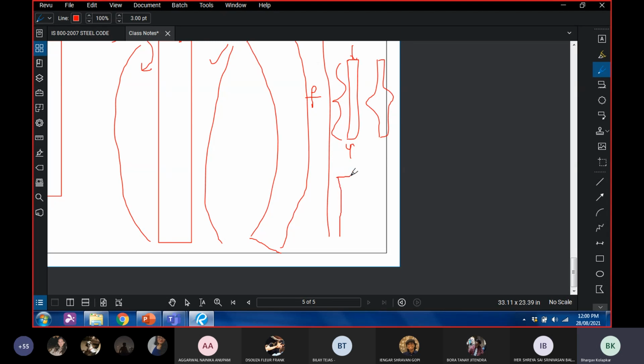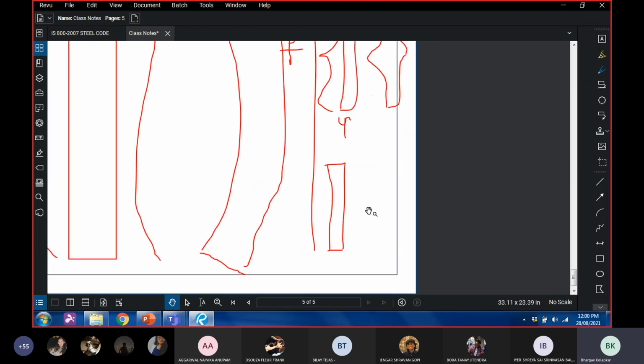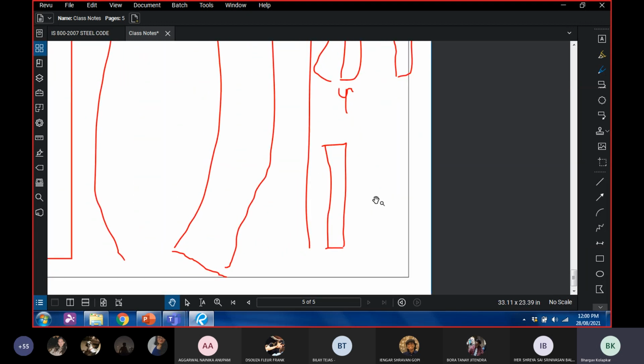Ideally, at failure, your section should look something like this, wherein this is the reduction in the length of the member.